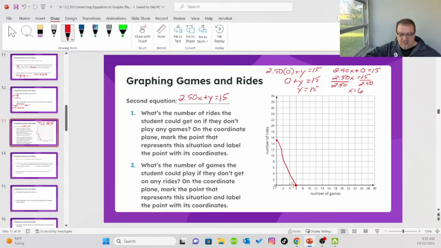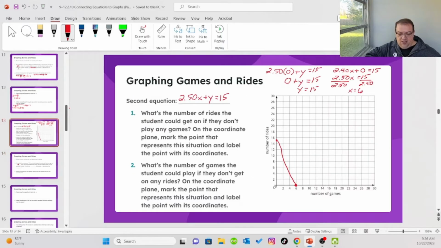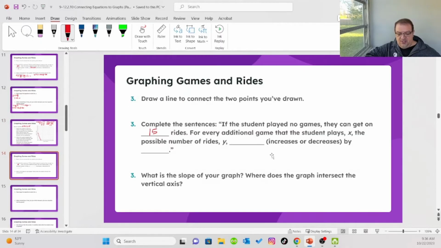Well, we said 0 games resulted in 15 rides. For every additional game the student plays, X, the possible number of rides, Y, we see that our line goes down from left to right, so this is decreasing.